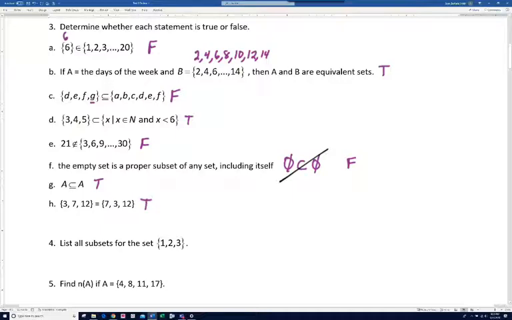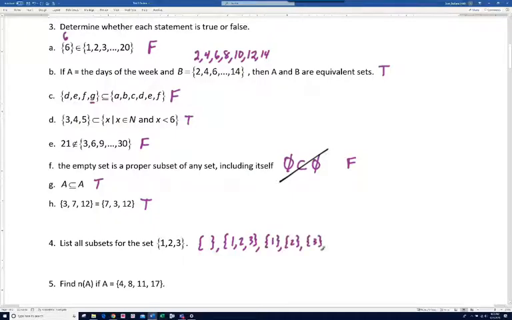On number 4, it says, list all the subsets for the set with 1, 2, and 3 in it. Well, let's get started. First, we know the empty set is a subset of every set, and we also know the set itself is a subset of itself. Now, what about the sets that have just one element in them?